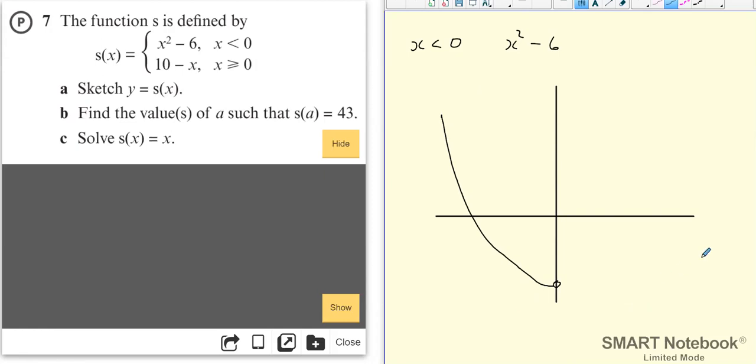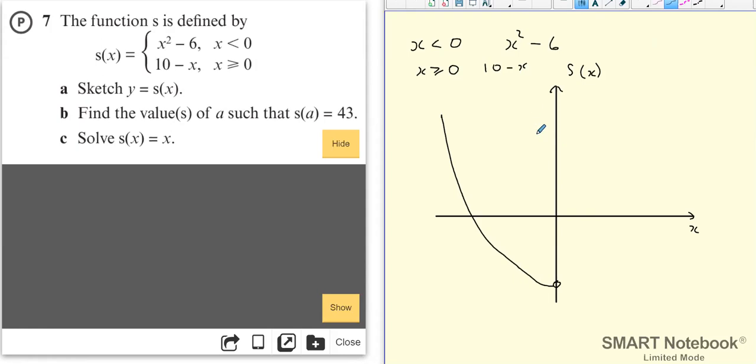At the x value of 0, we're not including it, and that is demonstrated with a hollow circle. Because x could be anything less than 0, it's not saying x are integers. And then we are told that when x is greater than or equal to 0, we need to sketch 10 minus x.